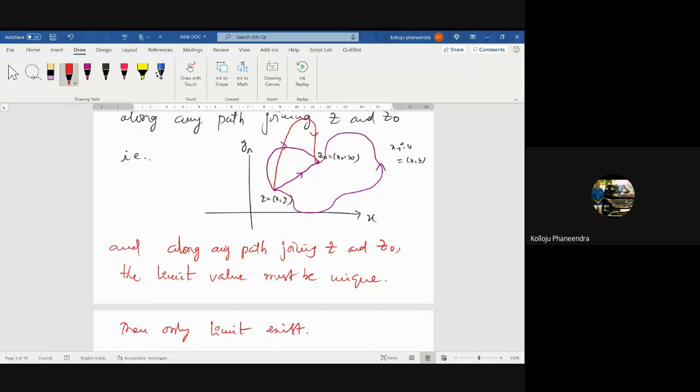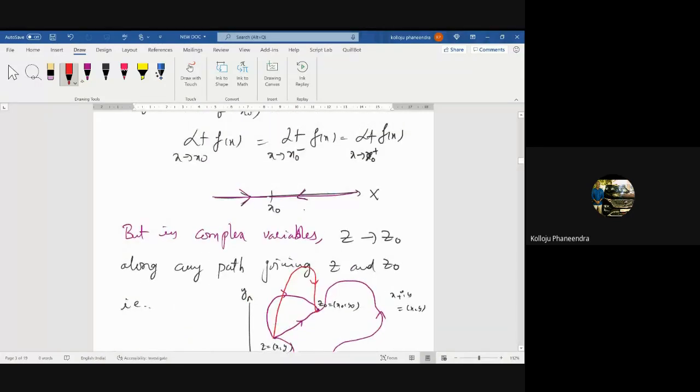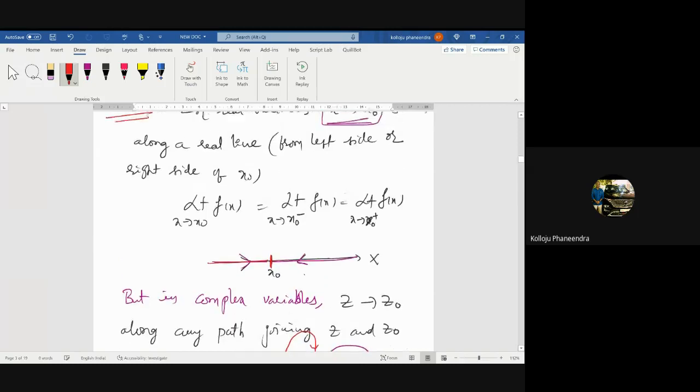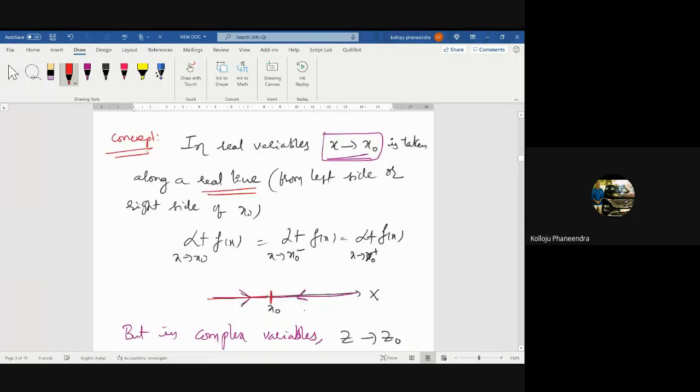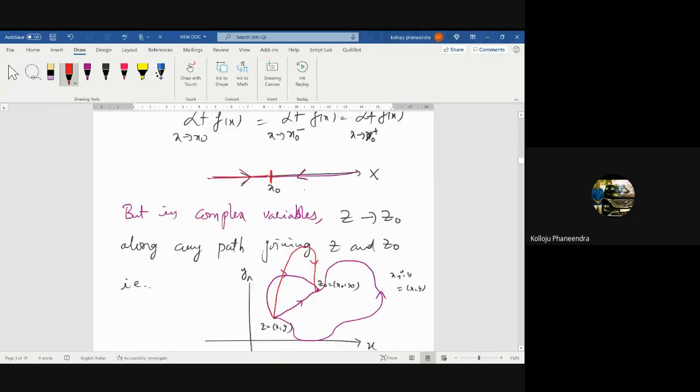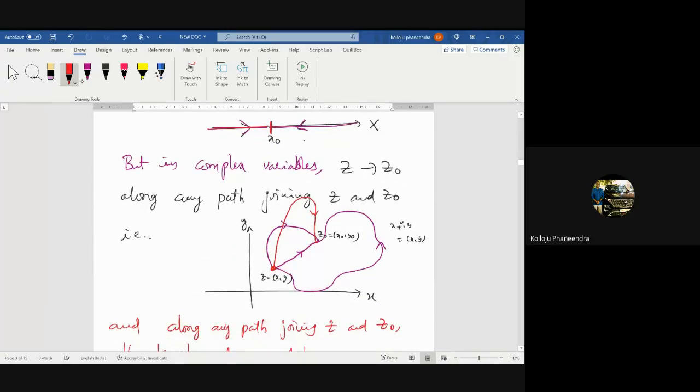What is that? In real variables, x is approaching x naught along only a straight line, along a real line, along a line only. But in complex variables, z is approaching z naught along a straight line, or maybe a parabola, or maybe along any curve, along any path joining z and z naught.